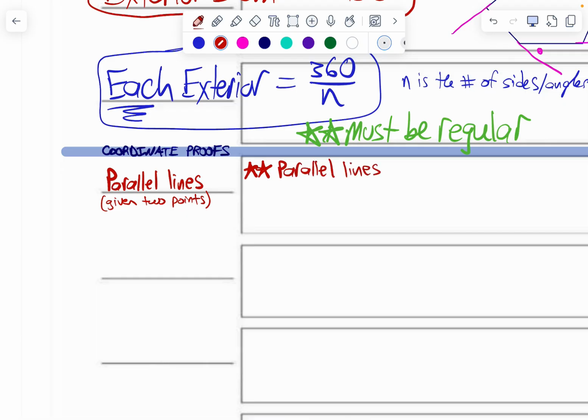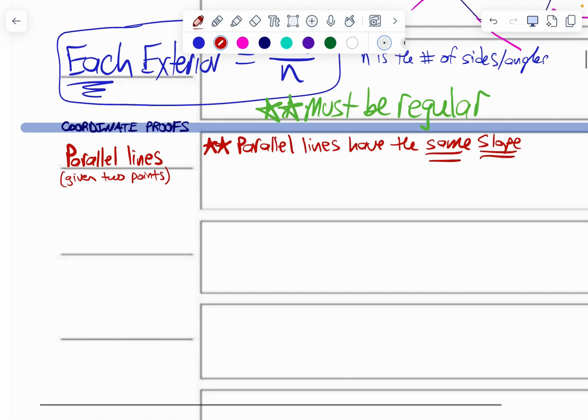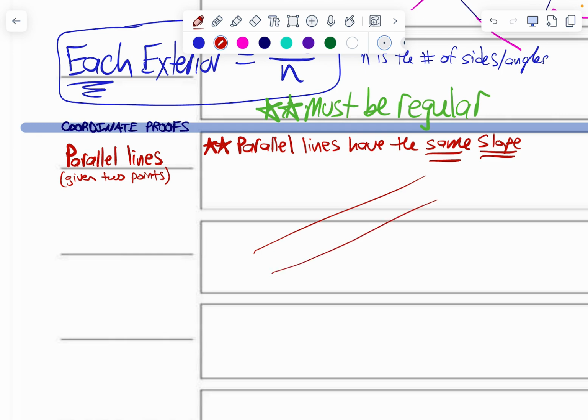Parallel lines have the same slope. If you remember the word steepness as kind of a synonym for slope, steepness. If you're hiking on two trails with the same steepness, then you would expect them to look the same, right? They're the same steepness going uphill or downhill. Okay. So that's the big idea.